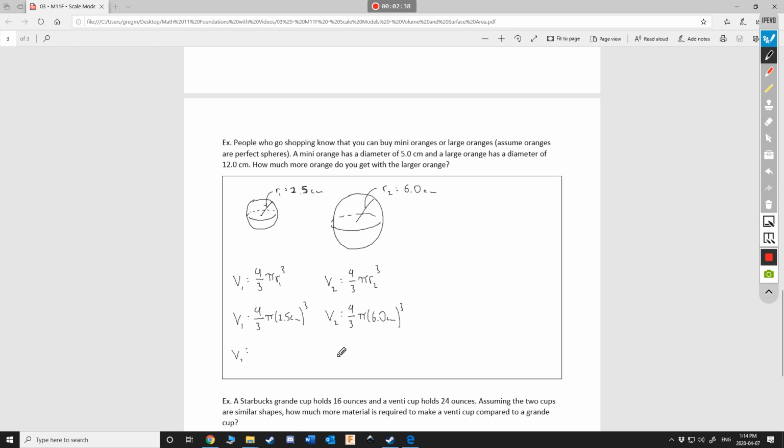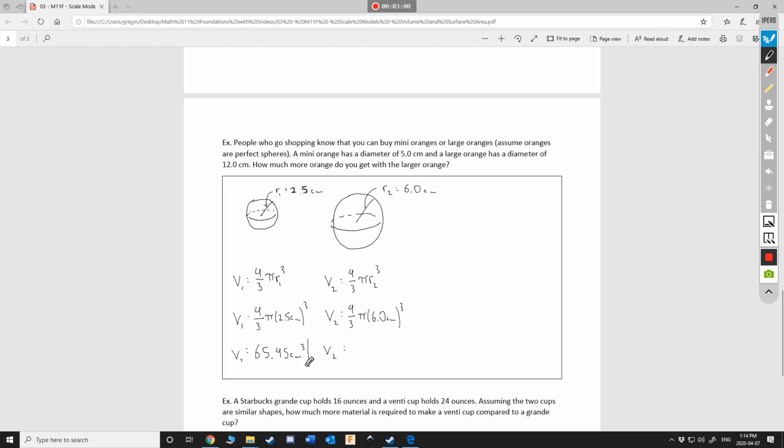And we can get our two volumes. So 2.5 to the power of 3, multiply that by pi, multiply that by 4, and divide it by 3. So we get 65.45 centimeters cubed.